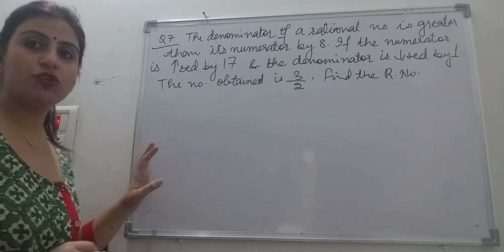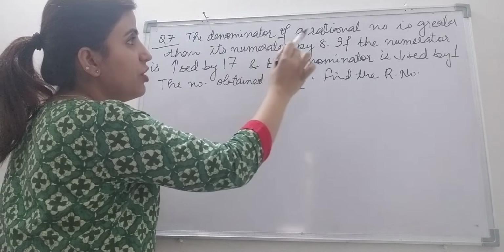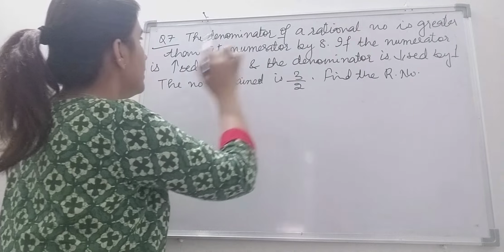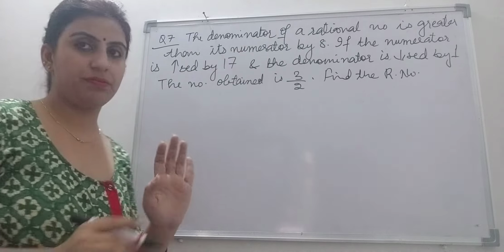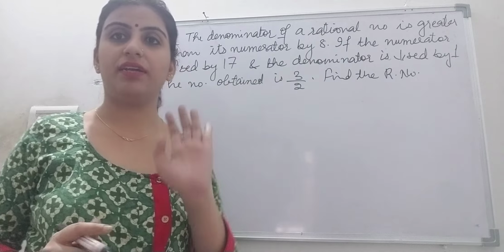Okay, let us start with question number 7. We will read the question first. The denominator of a rational number is greater than its numerator by 8. जो डिनोमिनेटर है वो अपने न्यूमरेटर से 8 बड़ा है.